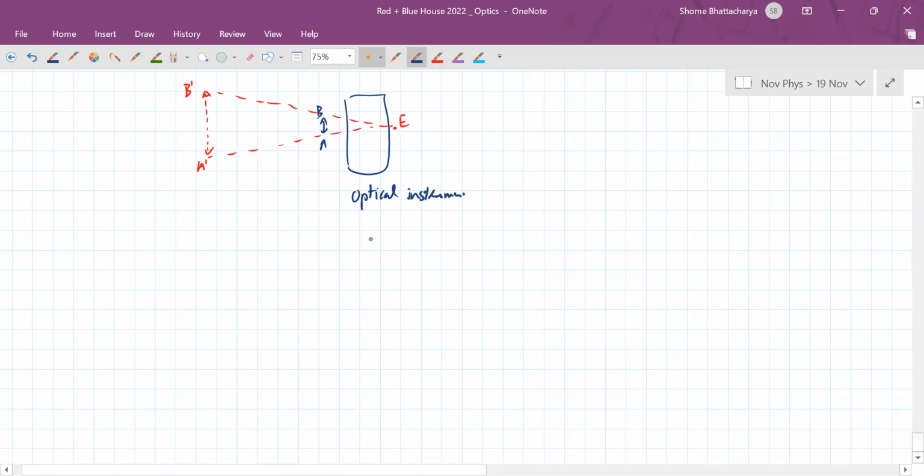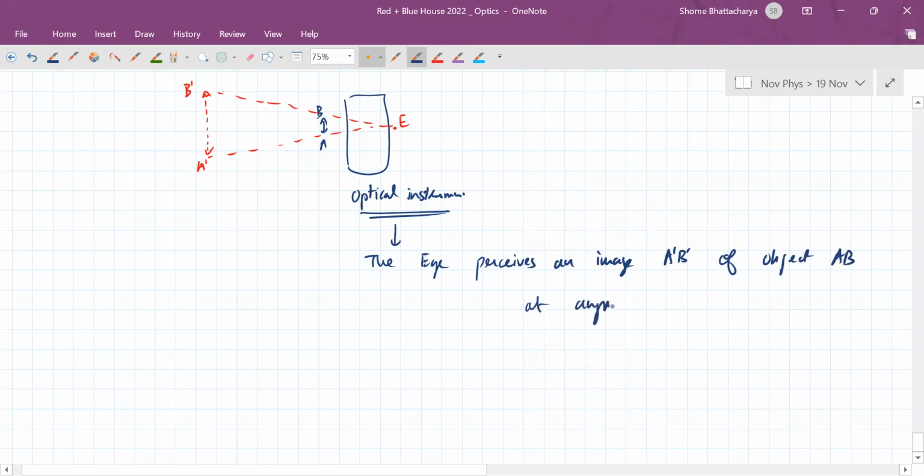So the eye perceives an image A prime B prime of the object AB at an angular size theta.